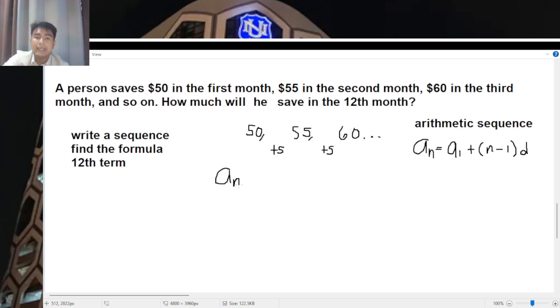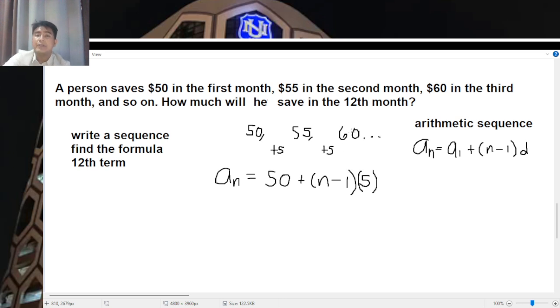So that would be a sub n is equal to, first term natin is 50, plus n minus 1 times the common difference. Now ask yourself, how much is being added? Okay, 5. So replace it with 5. Just to be clear, they are going to be multiplied with this n minus 1. So there you go. What's next?